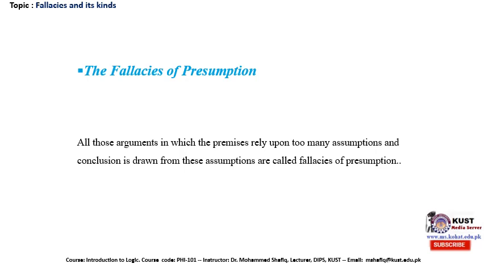An argument of that sort may be called fallacious. So in a very general sense, any error in reasoning is called a fallacy. And fallacy plays a very vital role in this whole process of reasoning and argument.